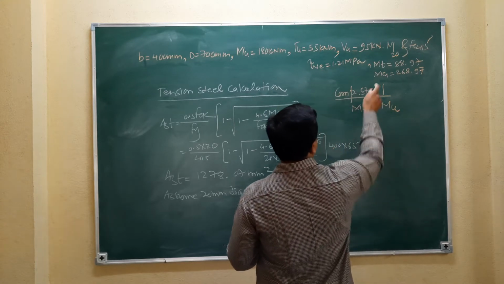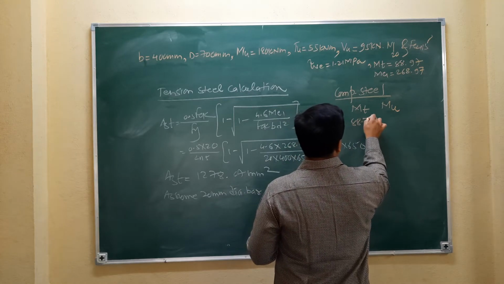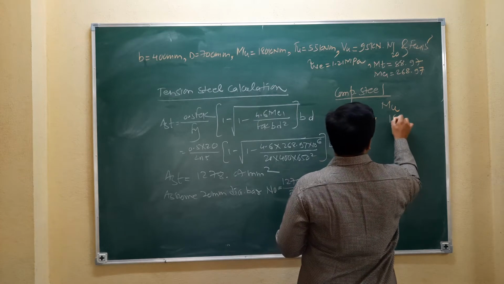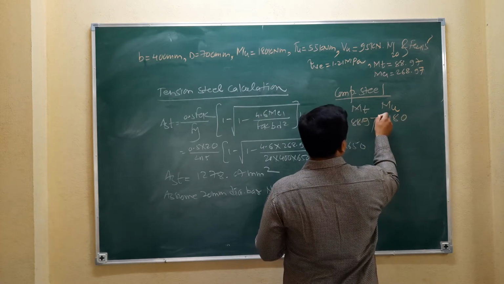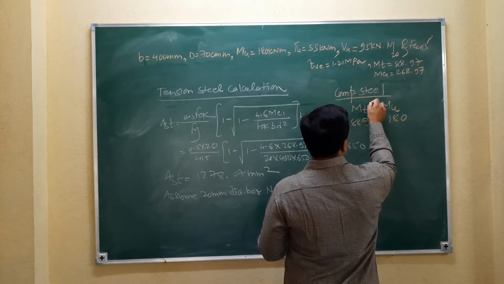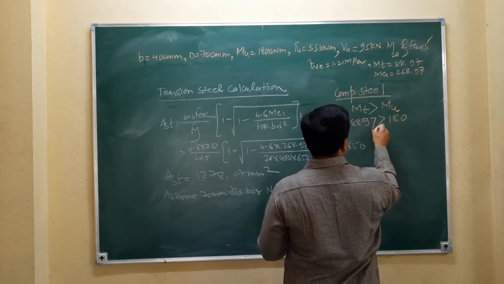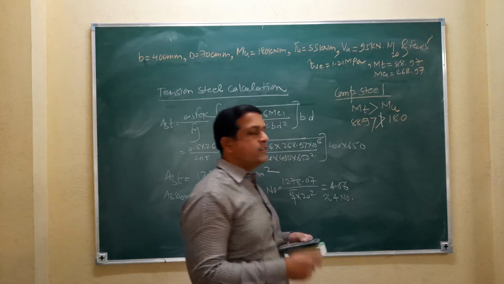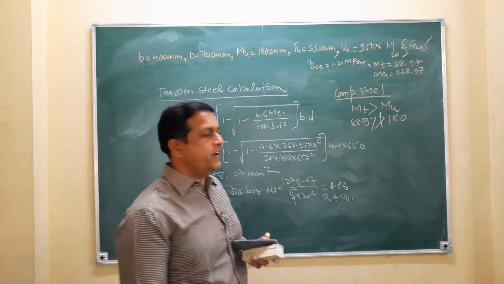What is Mt? Mt is 88.97 and your Mu is 180. So the condition that Mt exceeds Mu is not satisfied. That means compression steel is not required.